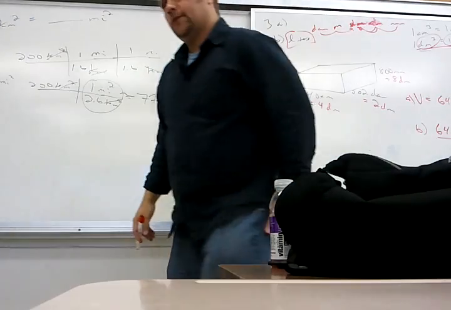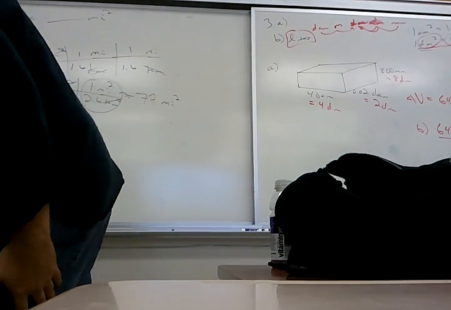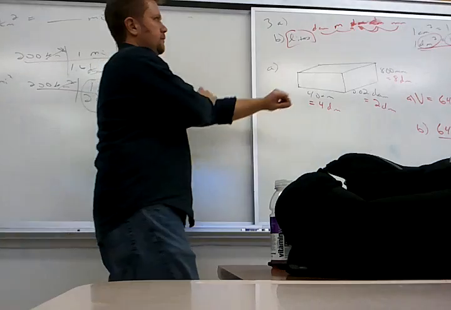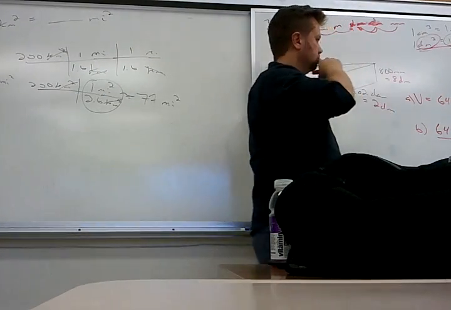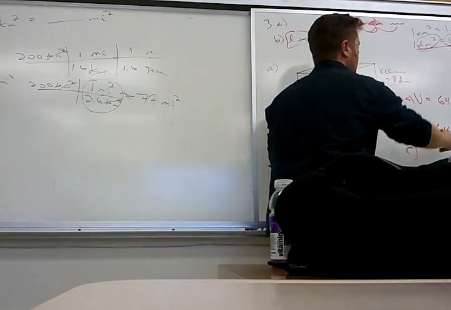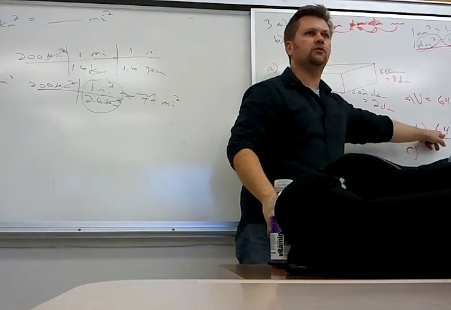And then part C says, what would the weight be in grams? So now I can take my step back. If I can make this into milliliters, that's exactly the same amount of grams. So how many milliliters would this be?